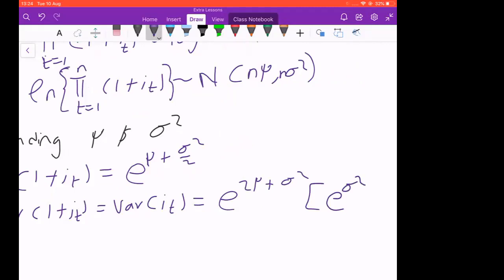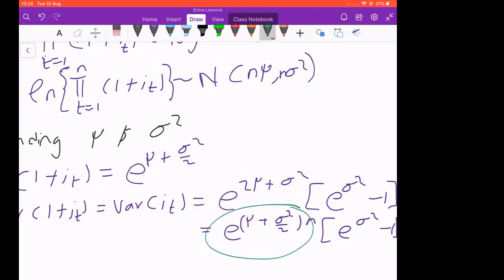This can be rewritten like this. Actually, it's not going to be mu over 2. It's going to be, again, mu plus this thing. You can already see that this thing is the same as this one.